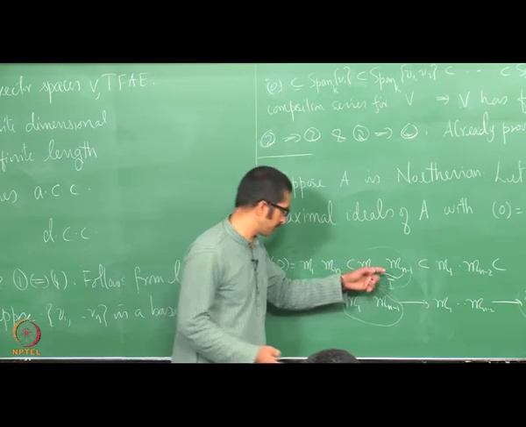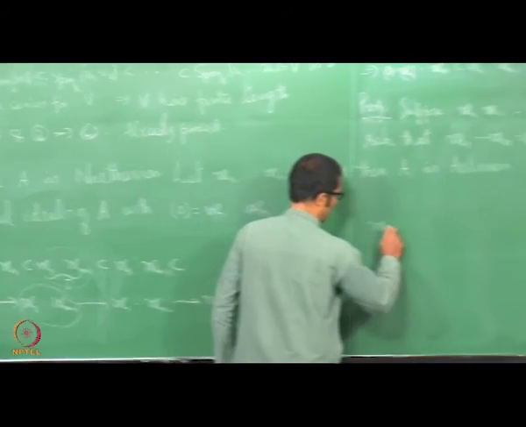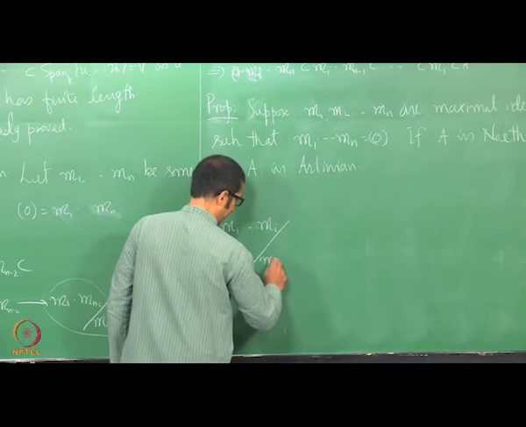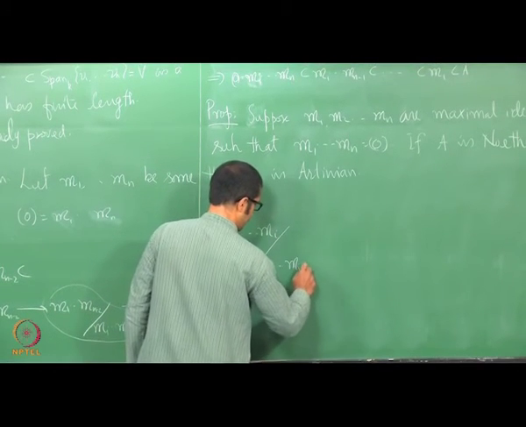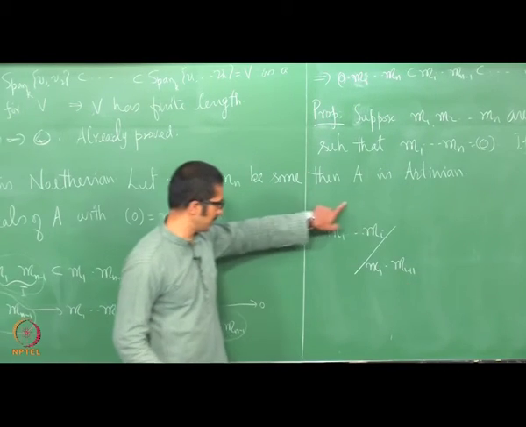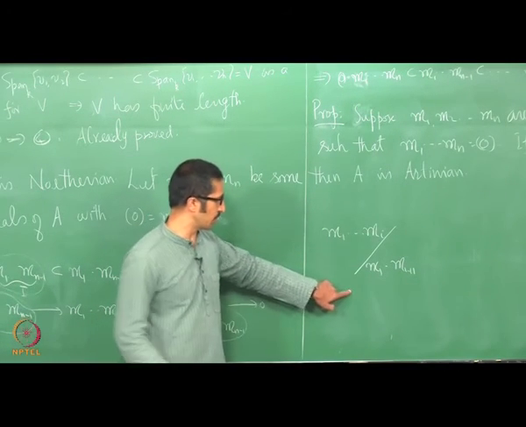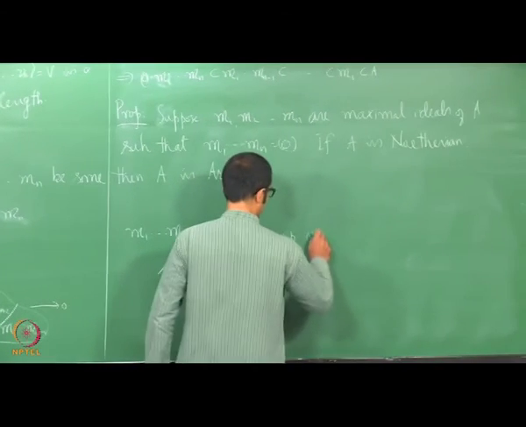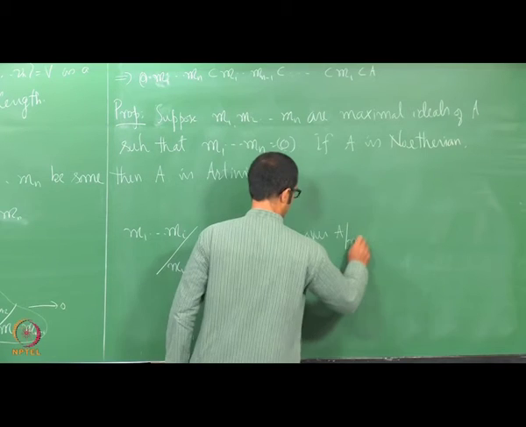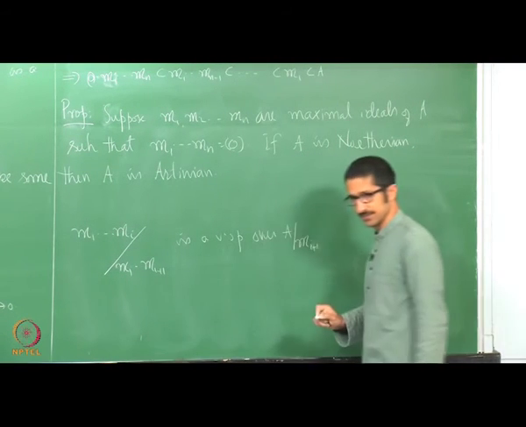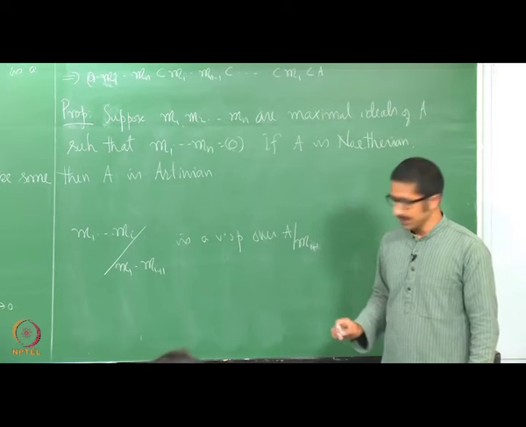Conversely, look at any Mi mod M1 up to Mi plus 1. This is a vector space over A mod Mi plus 1, right.